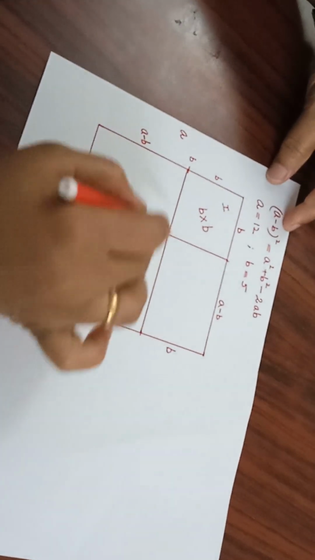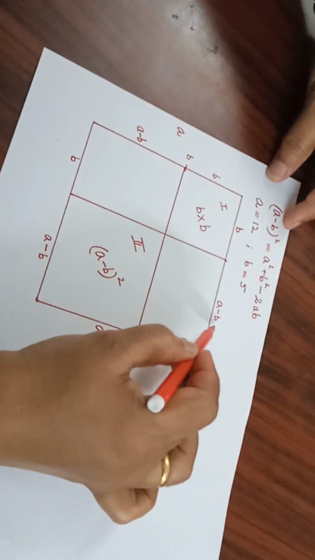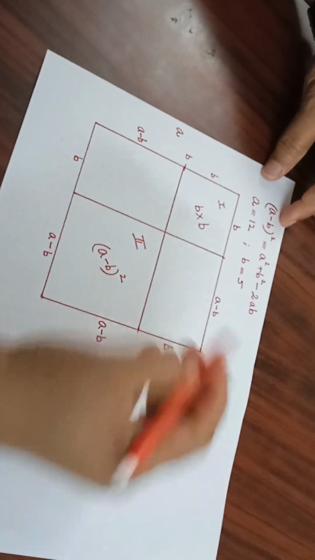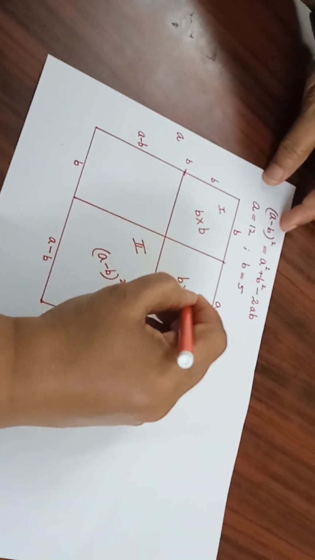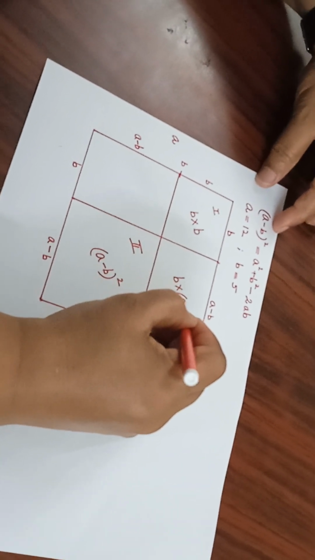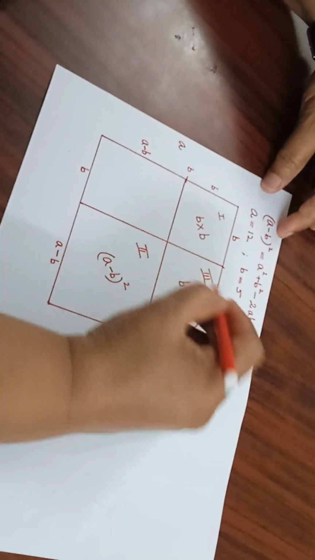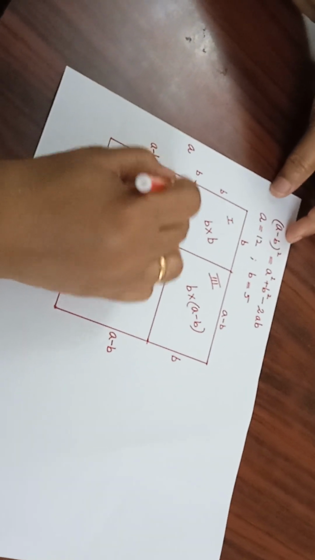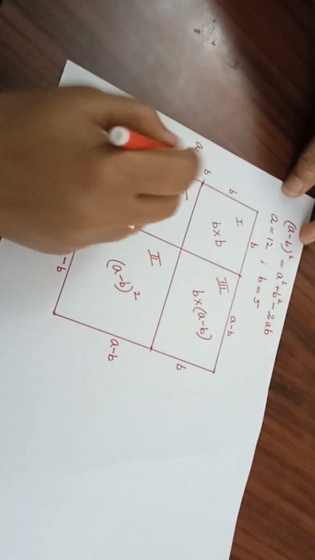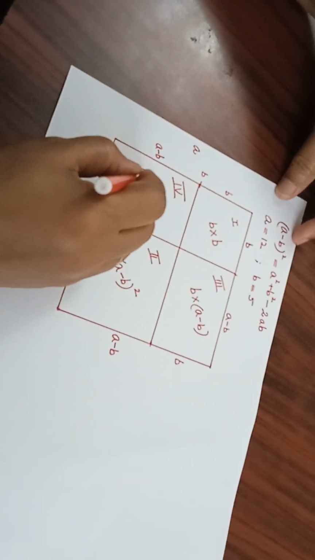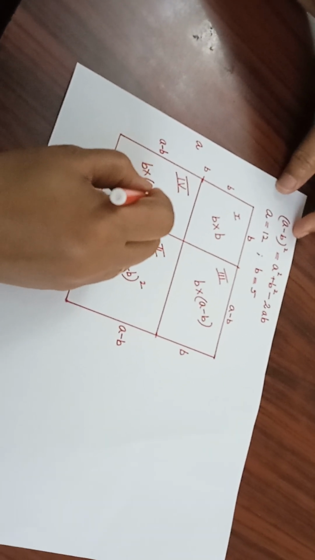Now this is obviously a rectangle. One side is a minus b and the other is b. So the product will be b cross (a minus b). That is the third part. And here let me take the fourth part. You can see b and a minus b, so that is another b cross (a minus b).